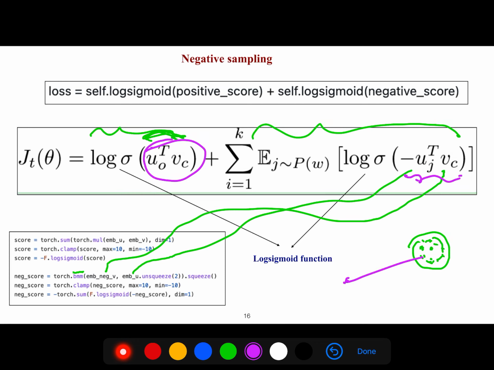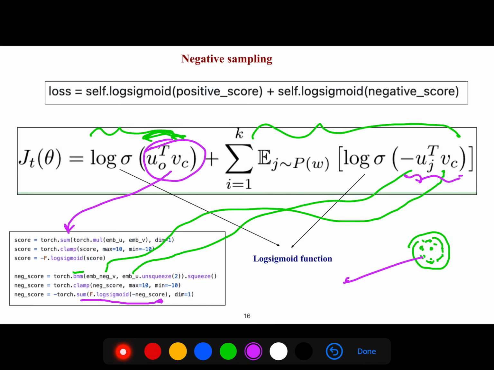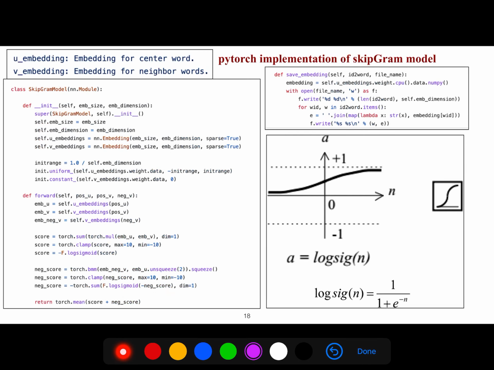That's why this context should be around the center word. That's why this is the positive score. And you see, it's very easy. You just sum the negative score and the positive score, and then you add them up. First you should clamp it. Clamp is here from -10 to 10, it means you cut it from -10 to 10.